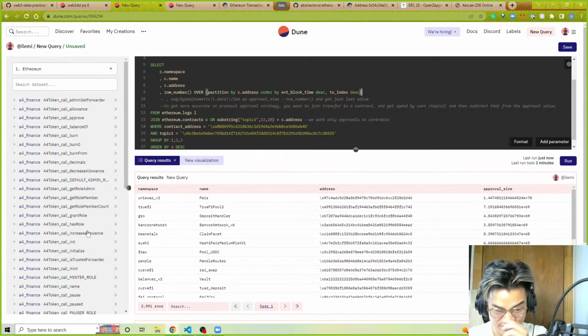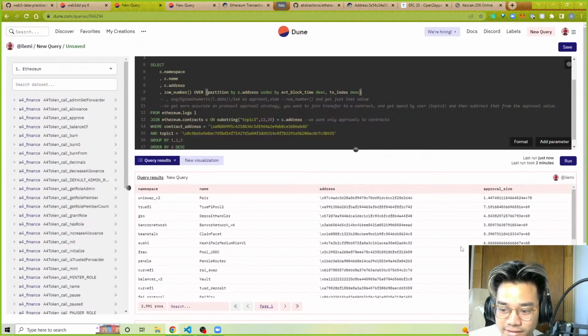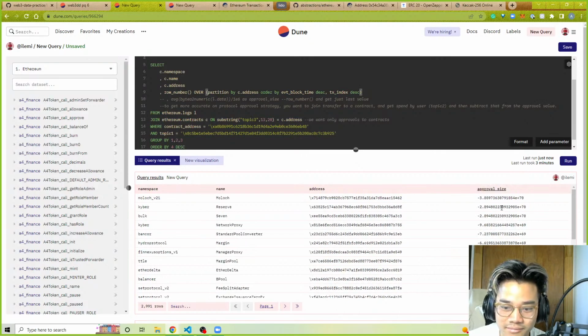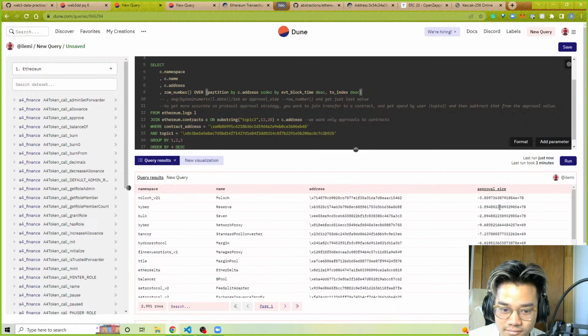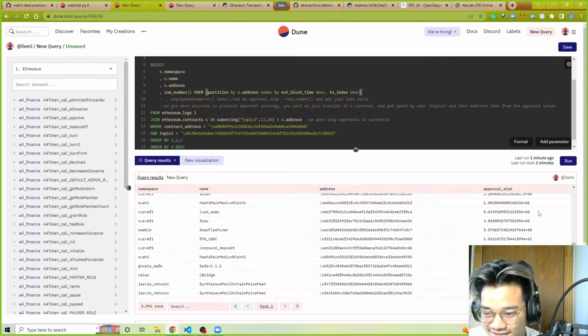All right. So now we can see actually the contracts, the addresses of approvals. And a lot of the approvals are basically infinite size so that you never have to approve them again. I have no idea why these approvals are negative. That's weird.